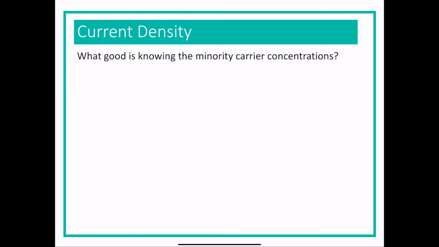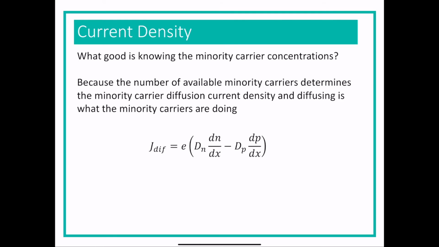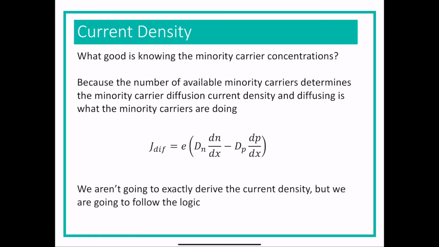And when we are looking at those minority carriers, what they are doing is diffusing across the space charge region. So we have an equation that actually tells us how to figure out what the current density is for diffusing charge carriers. However, we aren't going to do the entire derivation of this because it is long and somewhat tedious, and what I'm going to do is I'm going to tell you the end, but because we've been going along, hopefully you'll see that this actually does kind of relate.